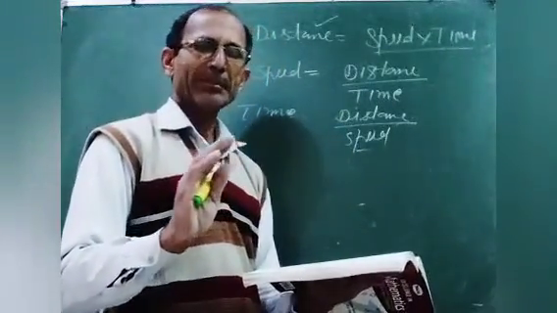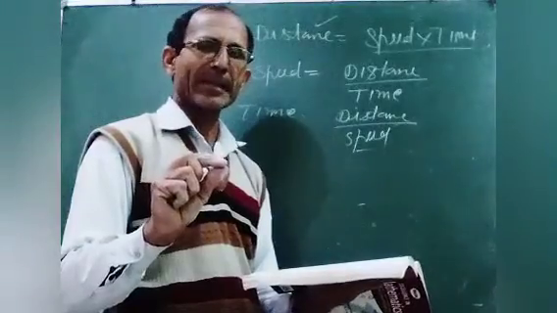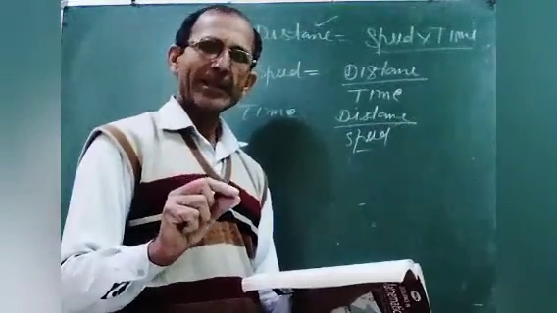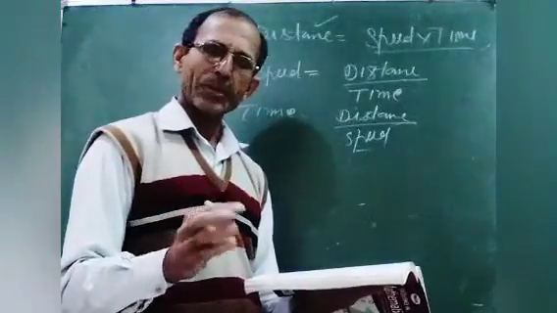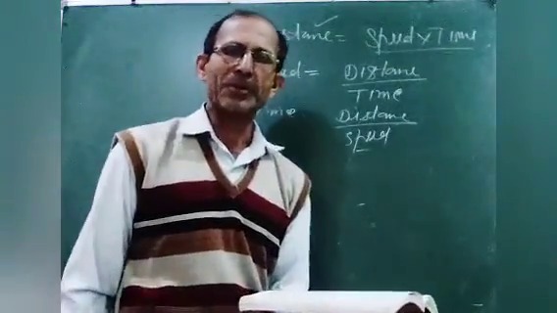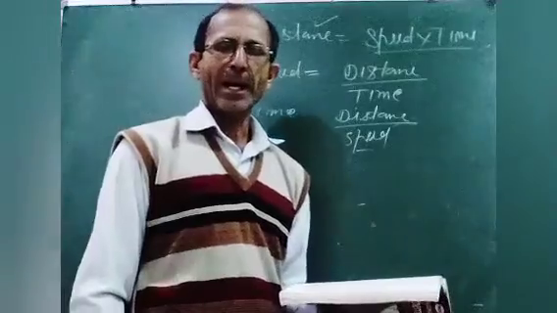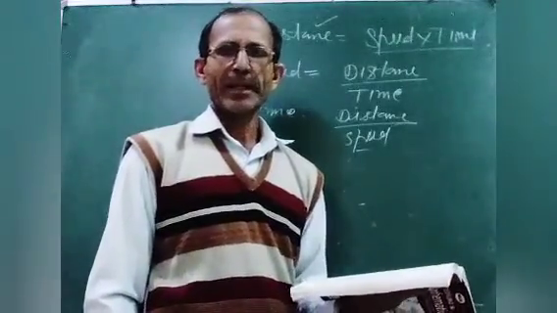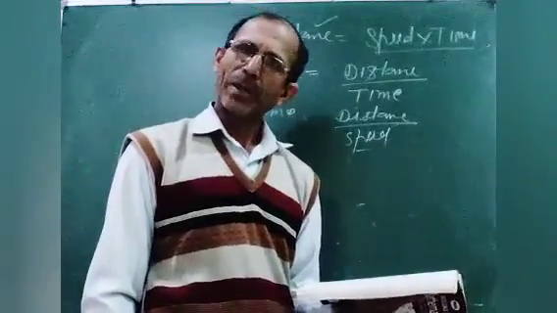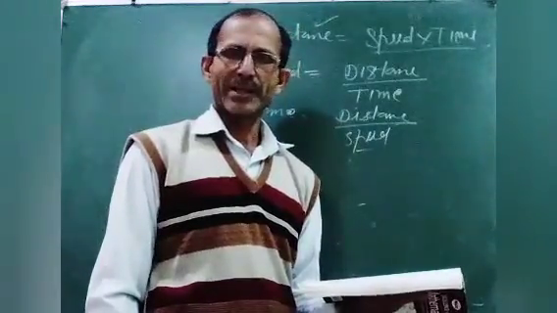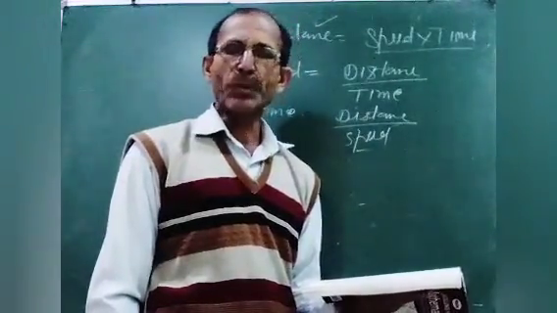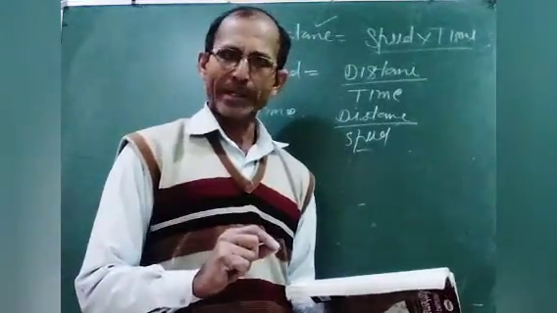So how much time has she taken to cover that distance? She started at 8, so 8 to 1 p.m. Now students, you will find how much time she has taken. 8 to 1 p.m. is 4 hours plus 1, it means 5 hours. Total time is 5 hours.